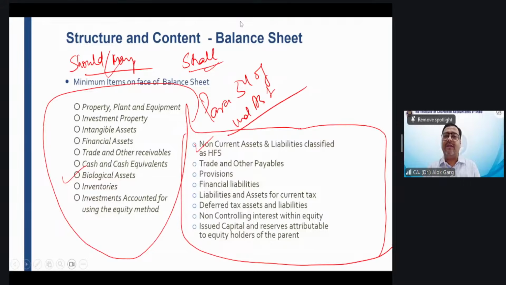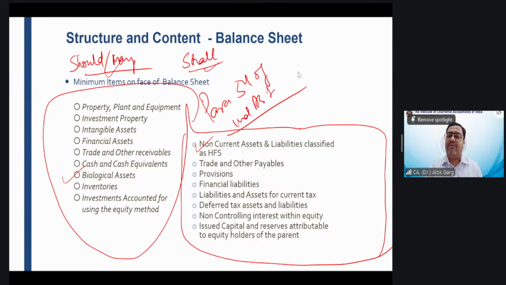Even if the item is there only in the comparative year, it is required to be presented, because it also includes comparative information. So if any of these items is not there in the current year but was there in the previous year, it is required to be presented, right?